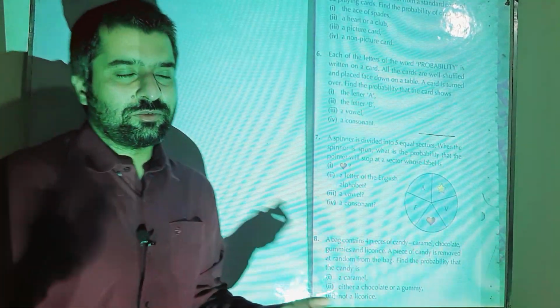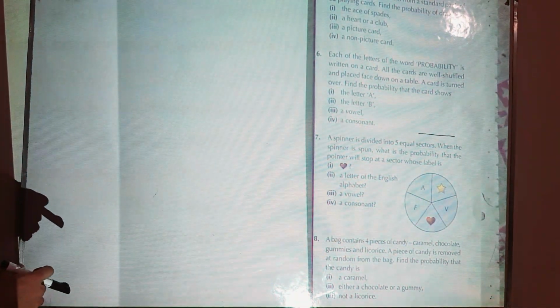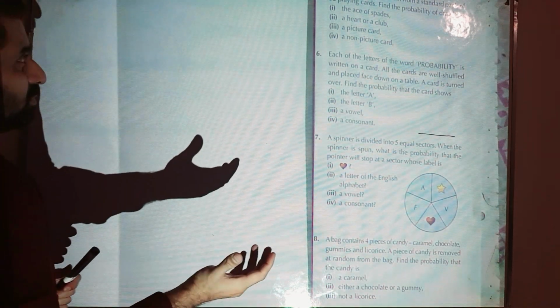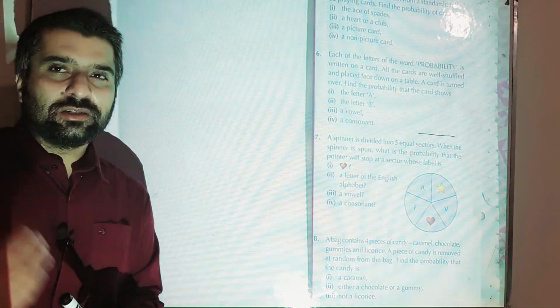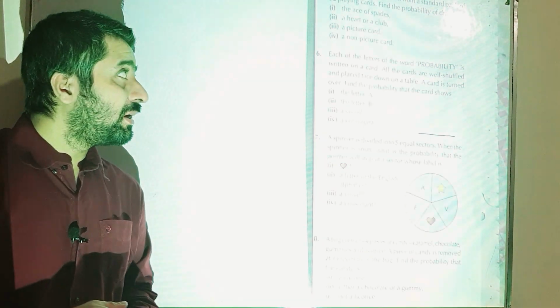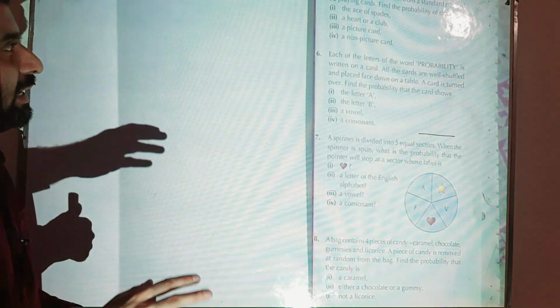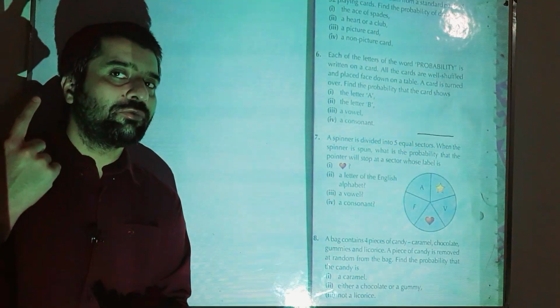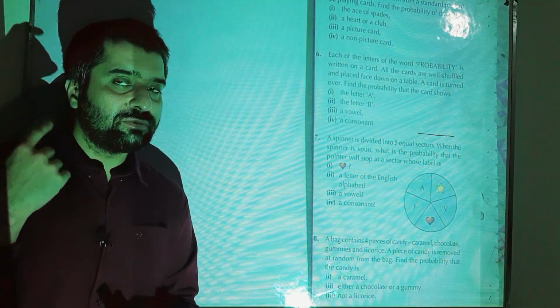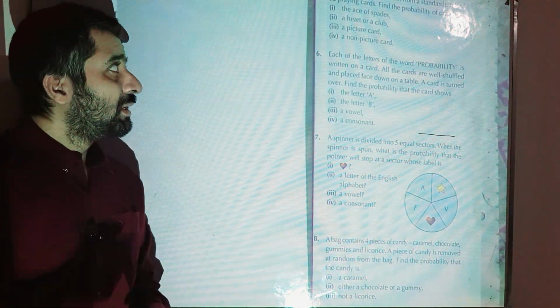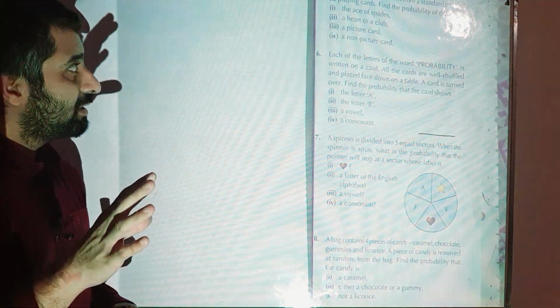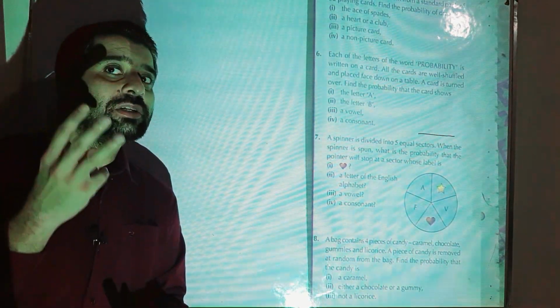Question number 5 is related to the probability of cards that we used to have. A card is drawn at random from a standard pack of 52 playing cards. Obviously we have 52 playing cards, 13 from spade, 13 from heart, 13 from the other two, 13 into 4 is 52, and from each of them we have one ace, one from spade, one from club, one from heart, and we have 3 picture cards from each one of them.